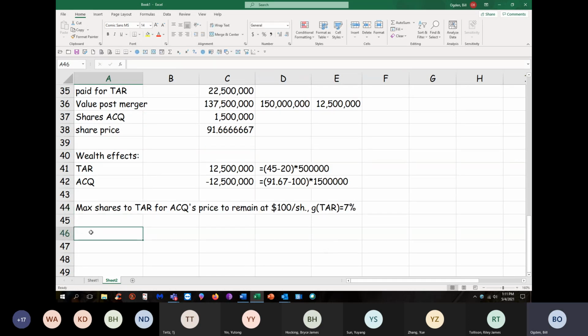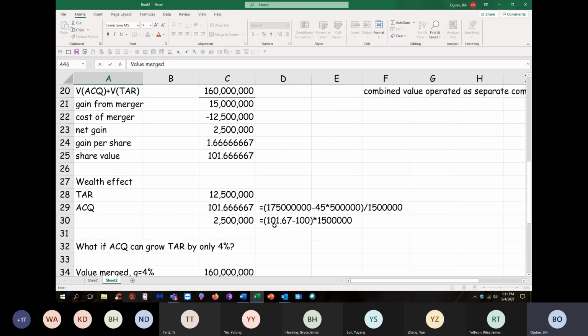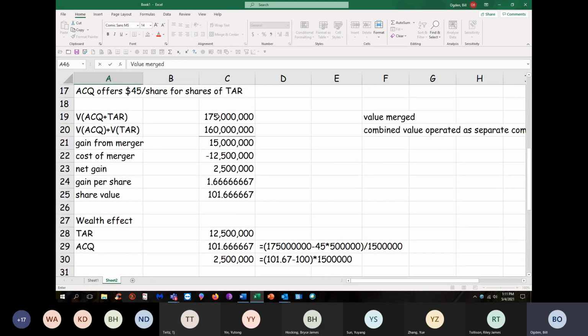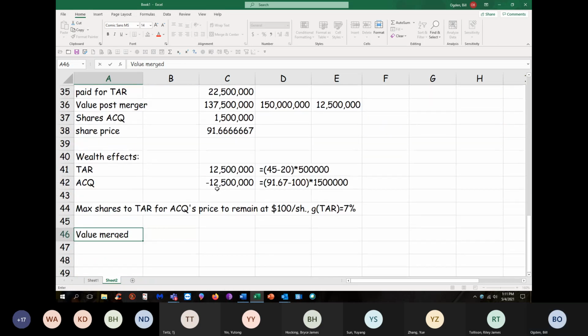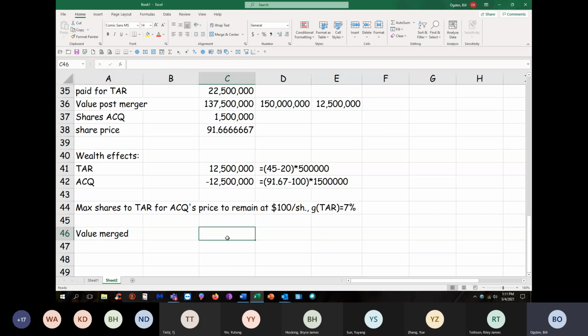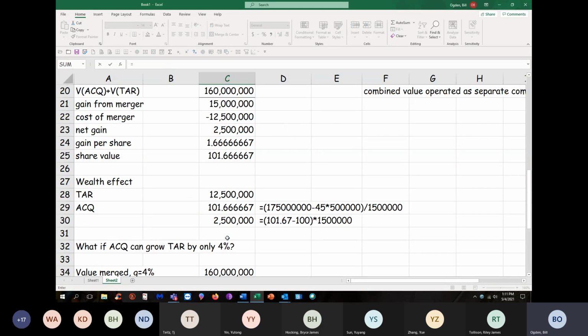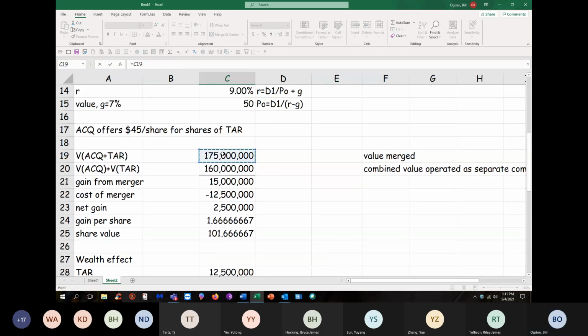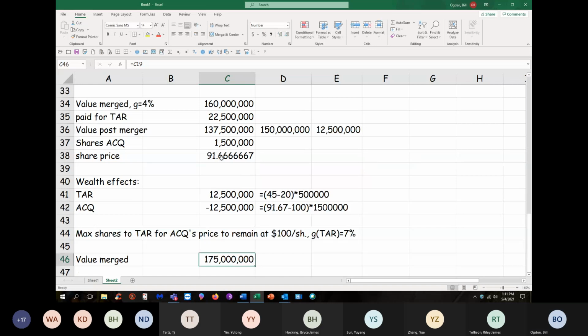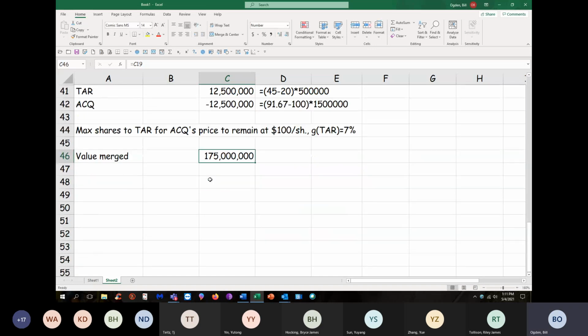Okay, so what's our value merged? Under the assumption that ACQ can grow TAR at 7%. We've done that. Let's just go back up and get it. We know that it's worth 175 million, isn't it? So we can do that. Let's just go get it. All right.